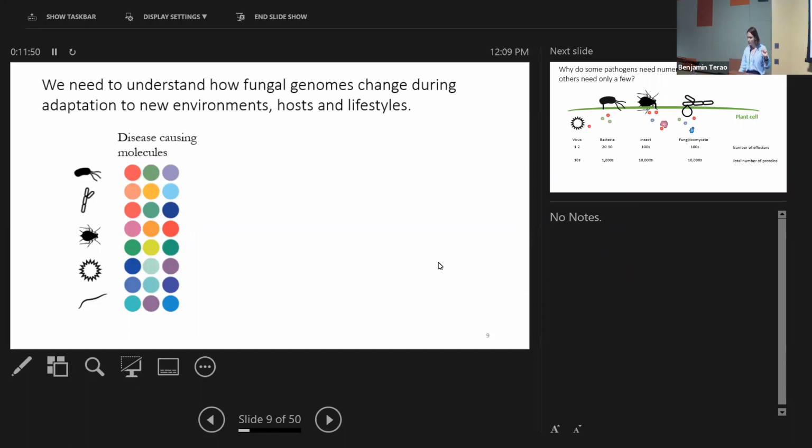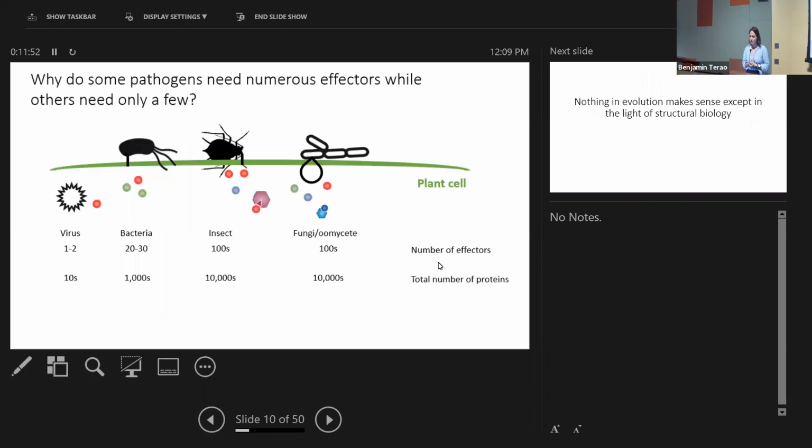And what we know is there isn't any rule of what a pathogen needs to become a successful pathogen. It can be a virus and only utilize very few genes to successfully infect the host. Or if it's a fungal or oomycete pathogen, you can literally have hundreds and then thousands of secreted proteins that are presented to the host.